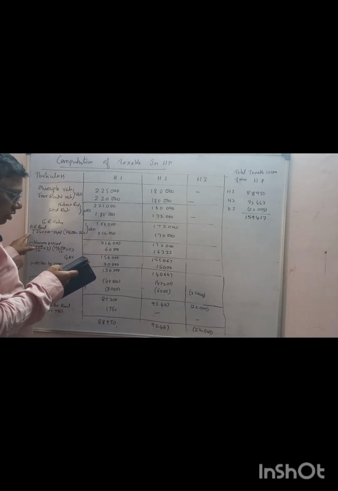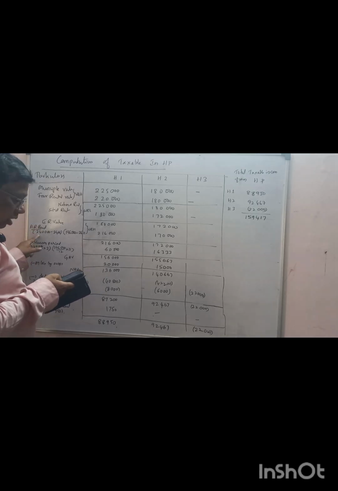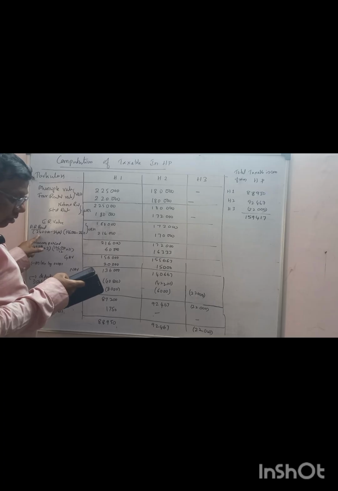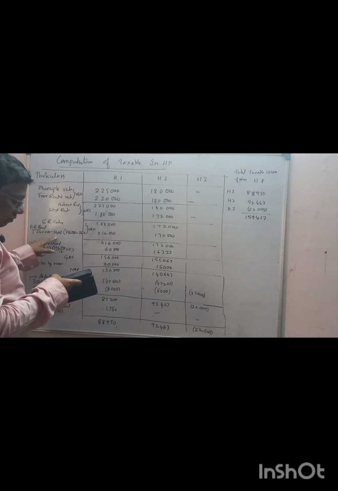Now the actual rent received. Totally, annual rent for 12 months is 2 lakh 40. On that, 24,000 will not be received, right? There is a vacancy period and unrealized rent. For 23-24 there is unrealized rent of 24,000.